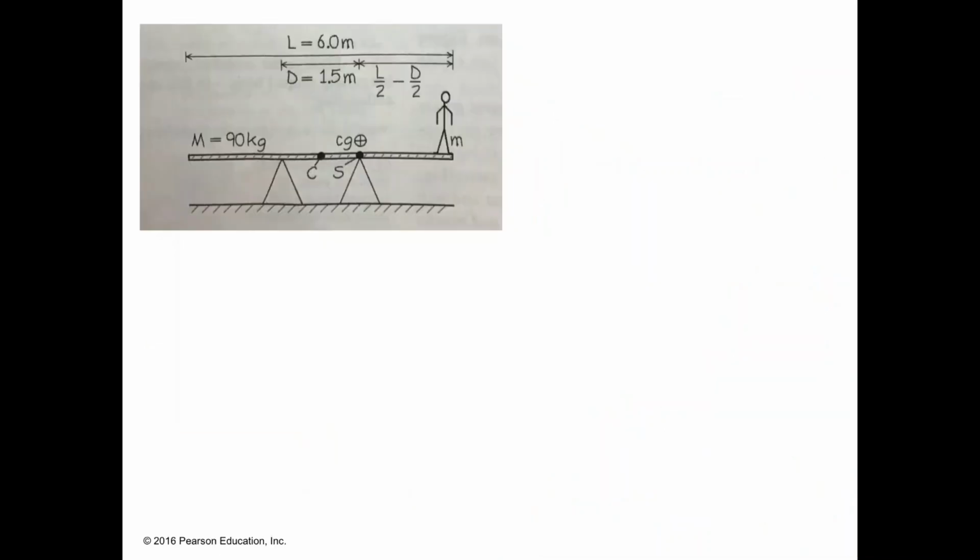The second way of solving this problem is basically using the two conditions that we talked about before. That's basically the sum of the forces equal to 0, and also the sum of the torques equal to 0. That's the first and the second conditions.